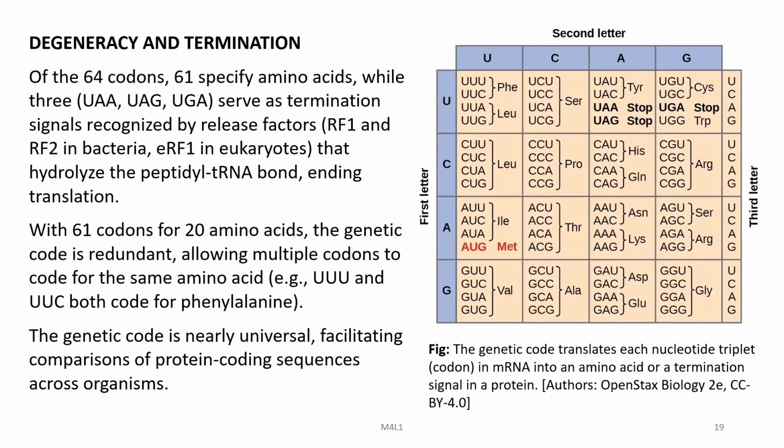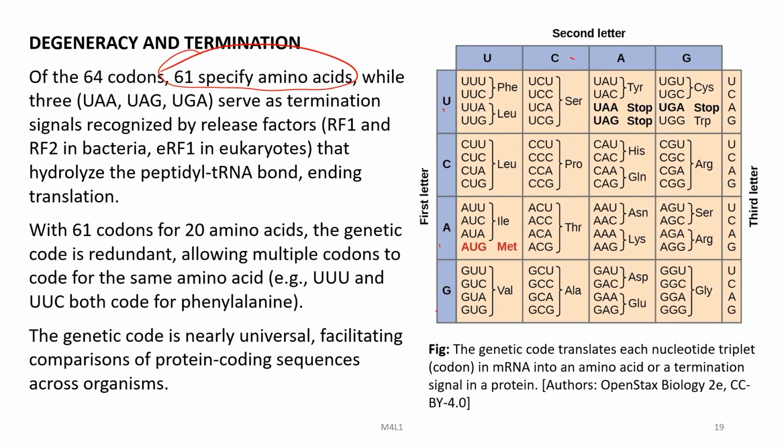Some of the things that are important to know at this point are degeneracy and termination, about which we have spoken in brief. Of these 64 codons, 3 represent the stop codon. So, 64 minus 3, 61 specify amino acids.